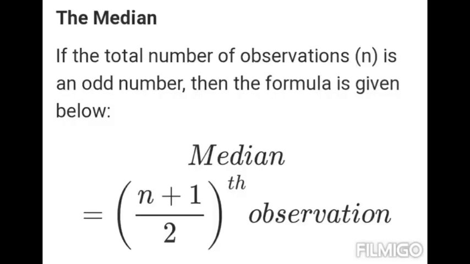Next topic is median. Median is calculated when we have to find the middle value of the data, right? If the total number of observations n is an odd number, then the formula to calculate median is (n plus 1) upon 2th observation.